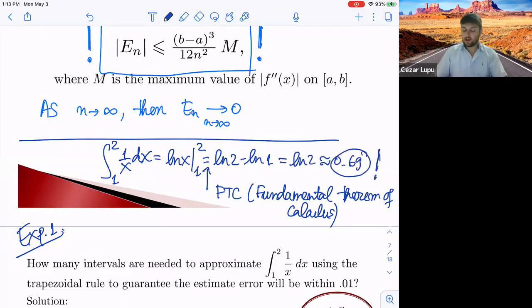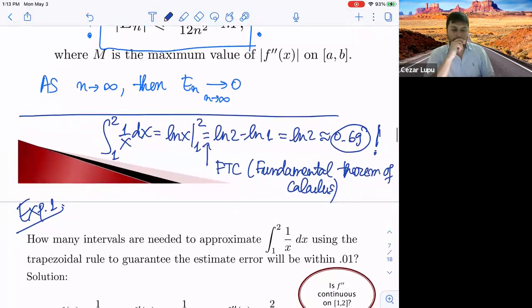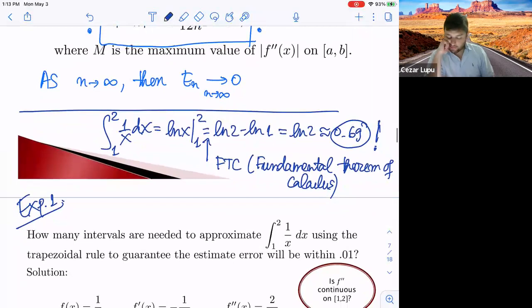And we would like to see, when we apply the trapezoidal rule, how close the estimate is to the actual value. The question is, is f second prime continuous on [1, 2]?